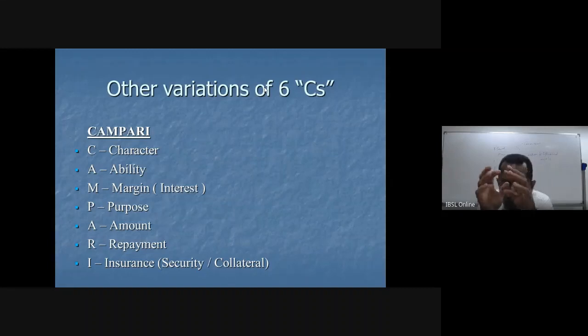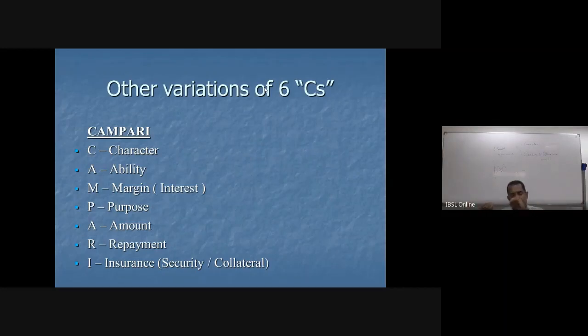CAMPARI, again, a derivation of 6 C's: character, ability to repay, margin, what is the interest rate, what is the margin available, purpose, what is the purpose of the facility, amount, how much they need, repayment period, insurance.